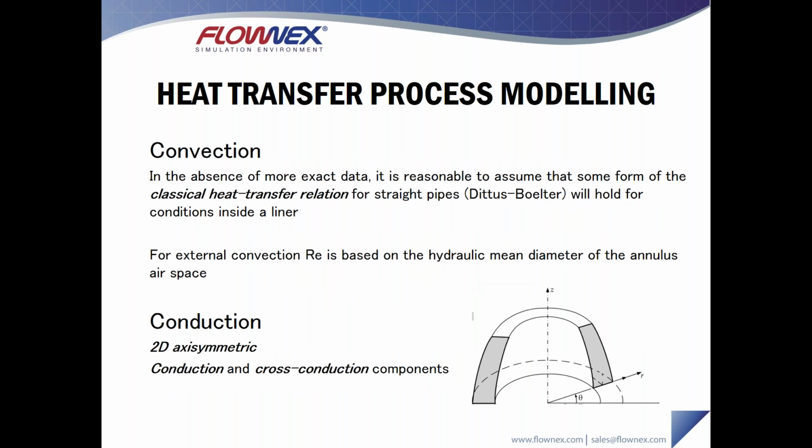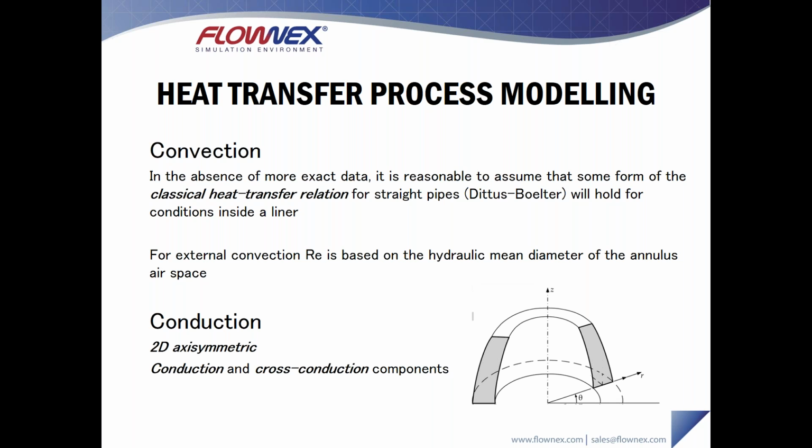So heat transfer process modeling in terms of convection and conduction. Convection, we typically just assume that a classical heat transfer correlation for straight pipes, something like Dittus-Boelter, will hold for convection inside the liner. And for external convection, the Reynolds number is typically based on a hydraulic mean diameter for the annular airspace. So in that annulus around the combustor itself, we just apply some hydraulic mean diameter to that standard Dittus-Boelter correlation.